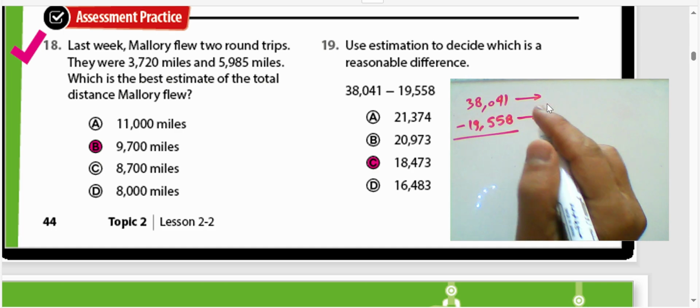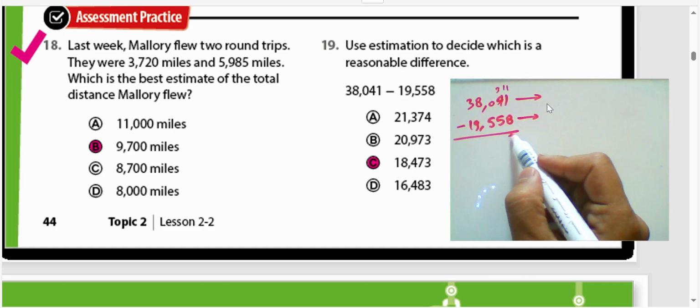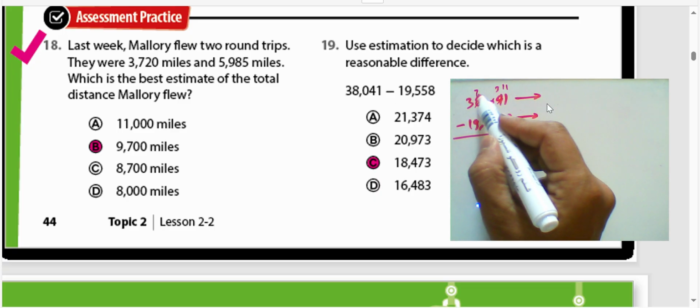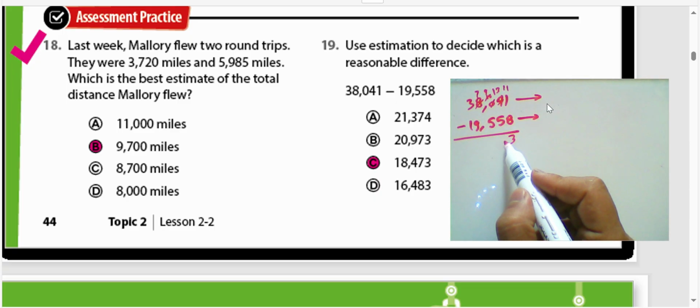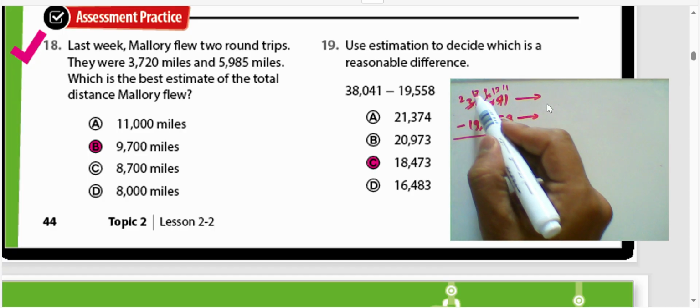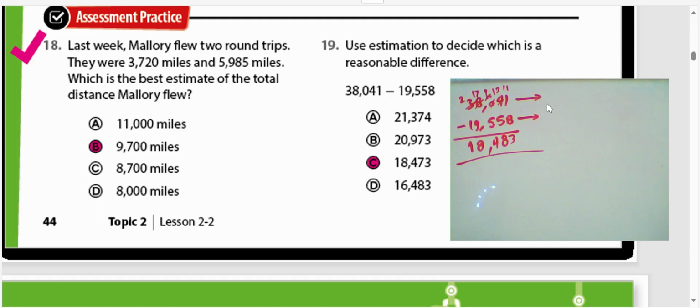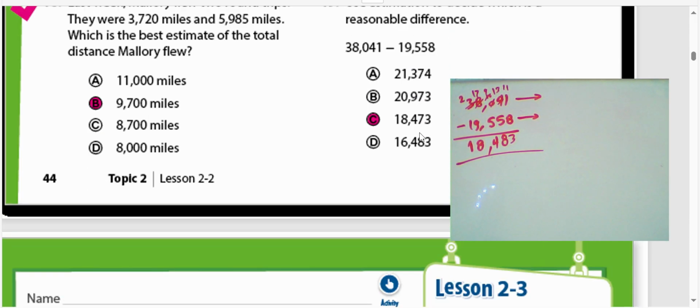Okay, the actual number we can put 1. 1 minus 4 we can do it. Put 1. 4, 11 minus 8 equals 3. And put 1 here, it will be 7. 10 minus 1, 9. 13 minus 5 equals 8. 9 minus 5 equals 4. And 7 minus 9 we can do it. 17 minus 9 equals 8. 2 minus 1 equals 1. You can find the actual between them. So find the difference. Okay? Last question. Next time we'll complete. Goodbye.